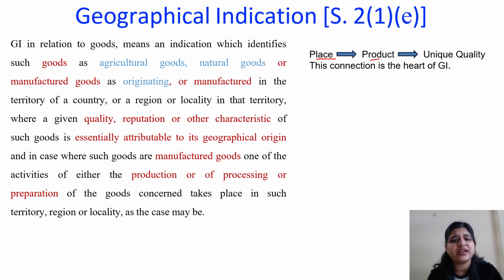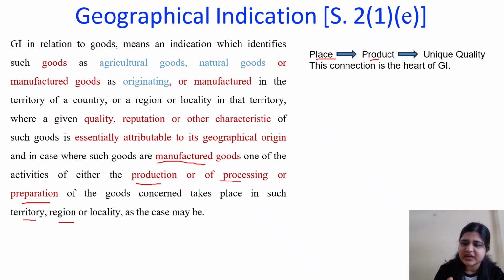An important thing to remember here is that manufactured goods, that is the man-made goods or goods produced in mass in factories, must have either production, processing or preparation of the goods in a particular territory, region or locality to be a GI of that region or locality. Any one of these functions has to be carried out in that particular region or locality.